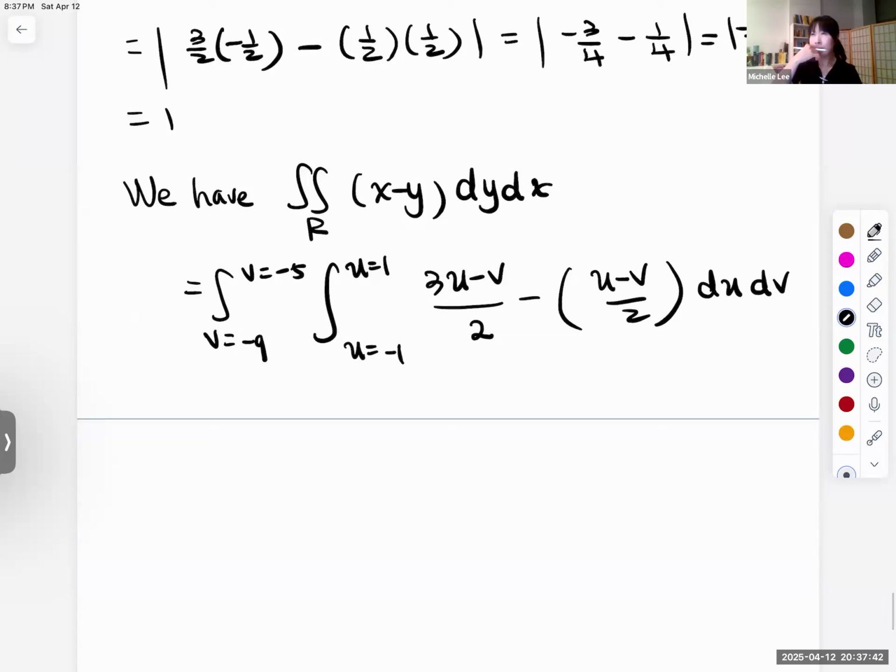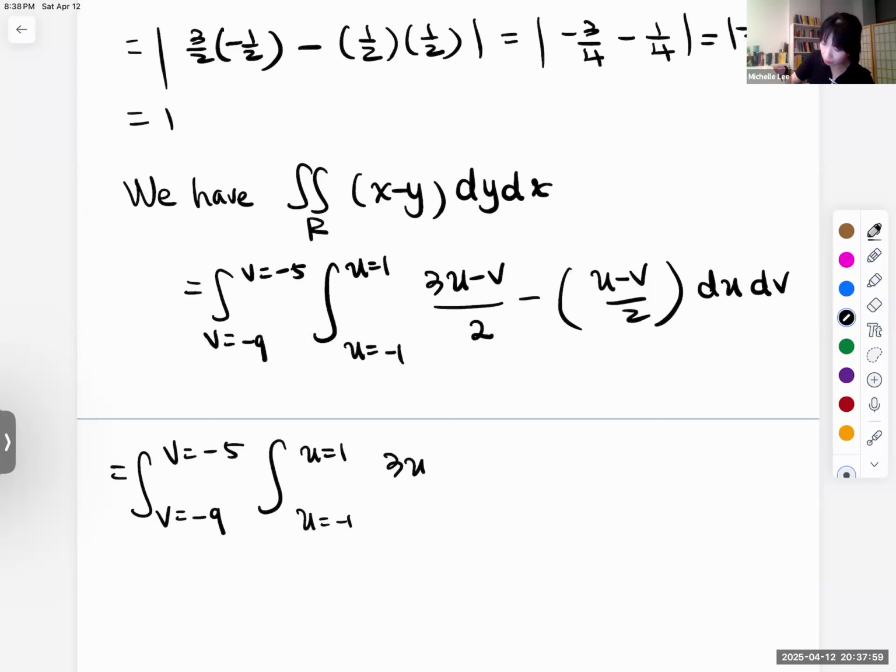Okay, now let's just simplify. v equal to -9 to -5, u equal to -1 to 1. So we have 3u minus u over 2 minus v over 2 plus v over 2.